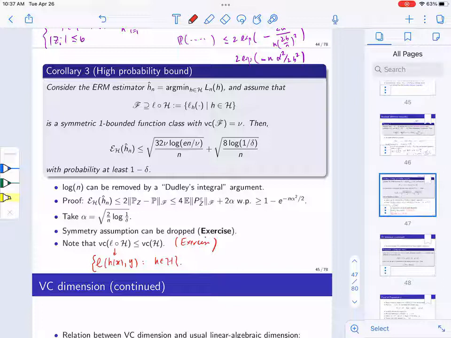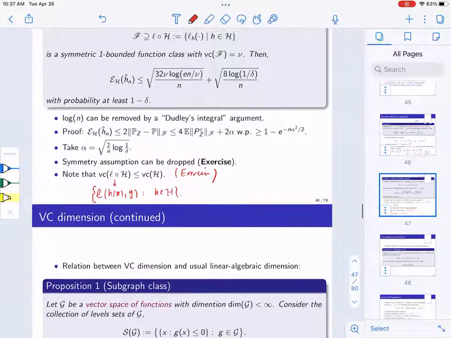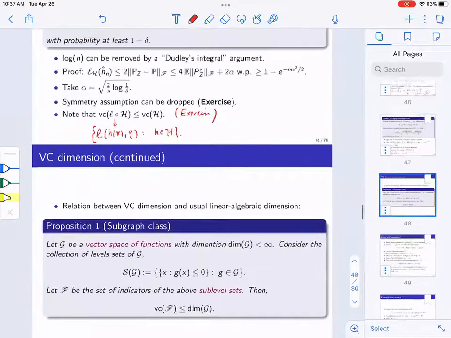Yeah, so basically if you look at the collection of functions that you get, how many different kinds of points can I get like this? Fix a set of xi's and yi's, the number of different things that I can get here, the only thing that varies here is h.